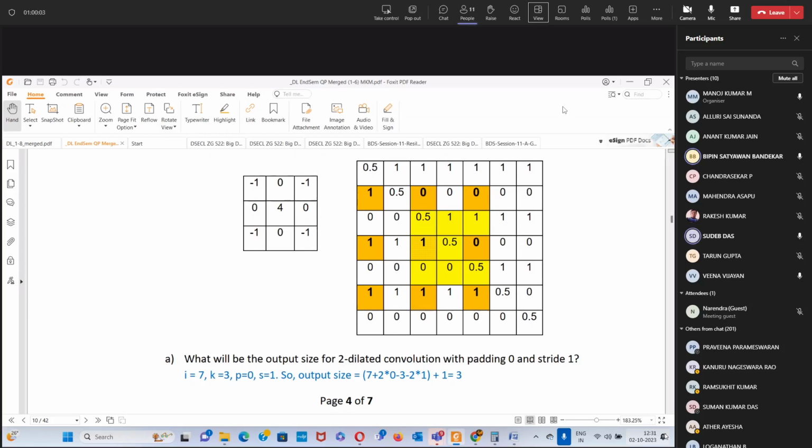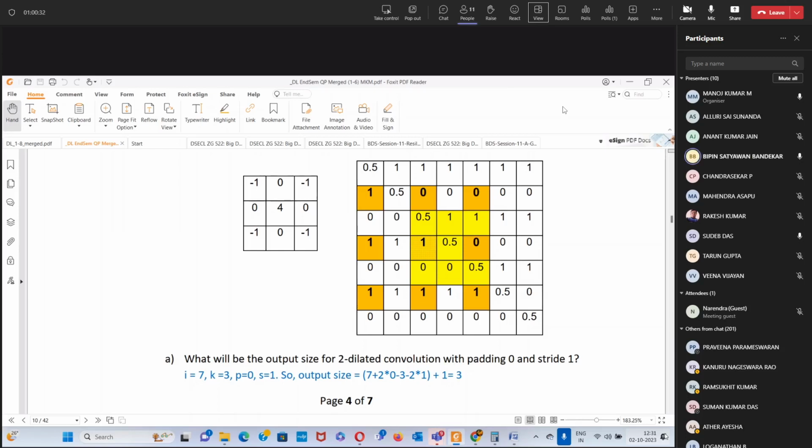But with stride, while I move my filter, don't mix this up. This is just a filtering technique again. When you say dilated filter, it will introduce alternate zeros row-wise and column-wise, and apply the filter.